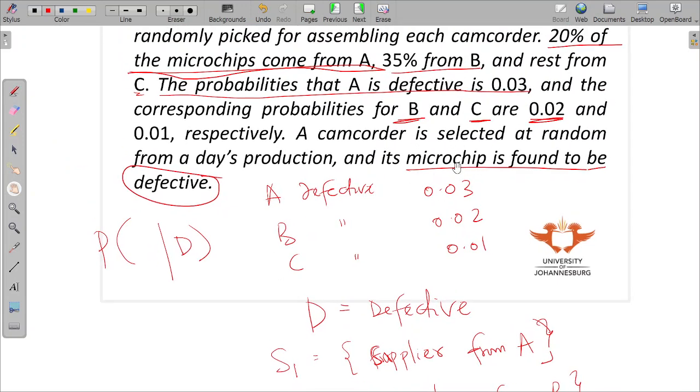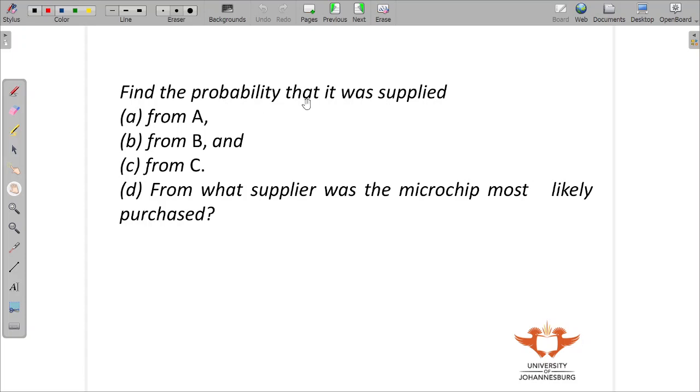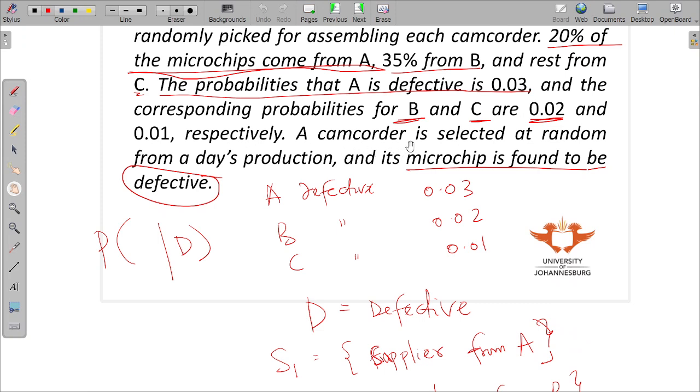This is given already, so let's now see what they want us to find. Find the probability that it was supplied from A. We already have given defective.